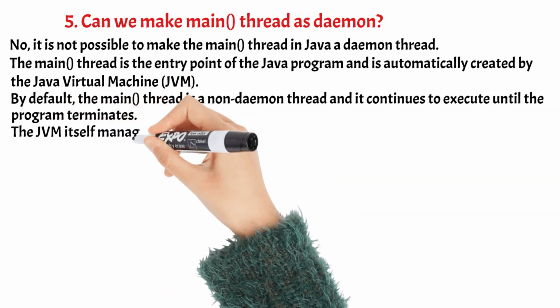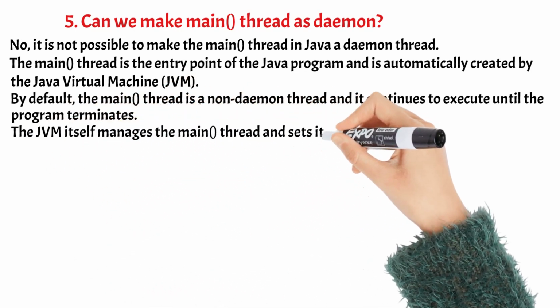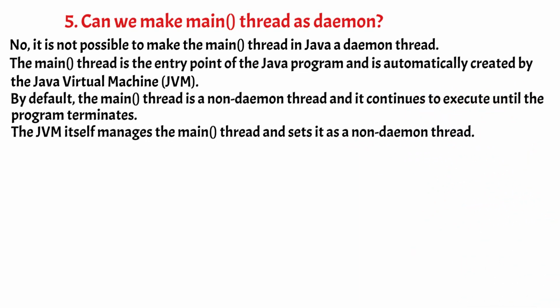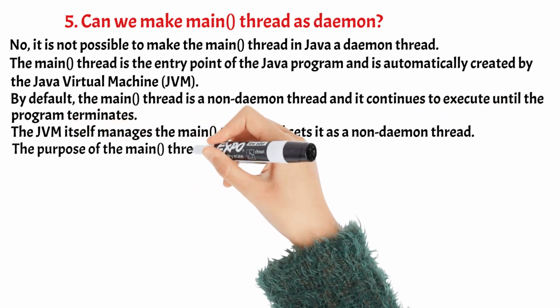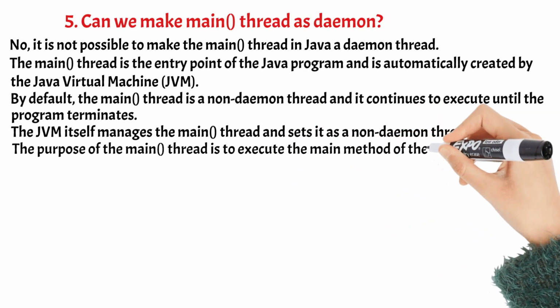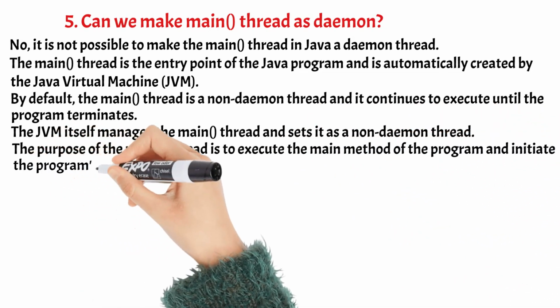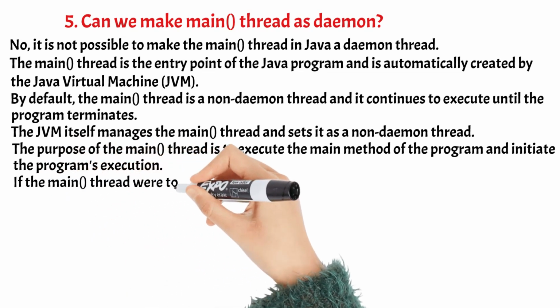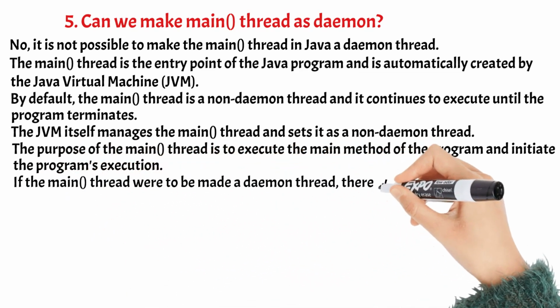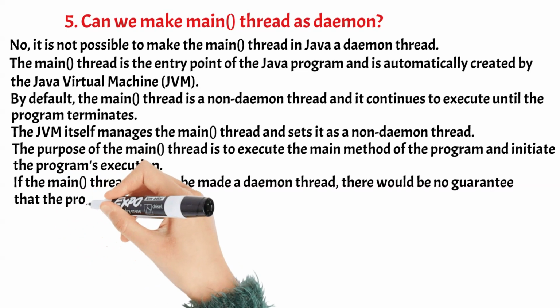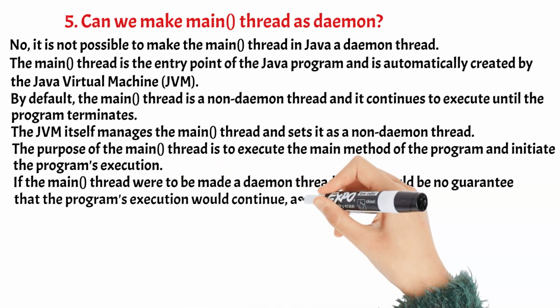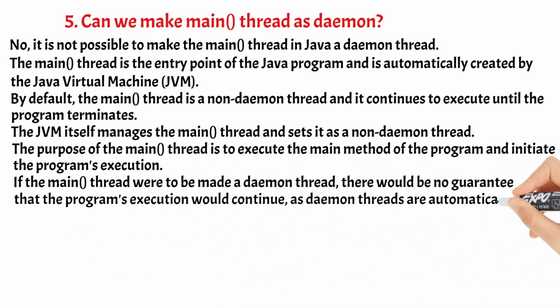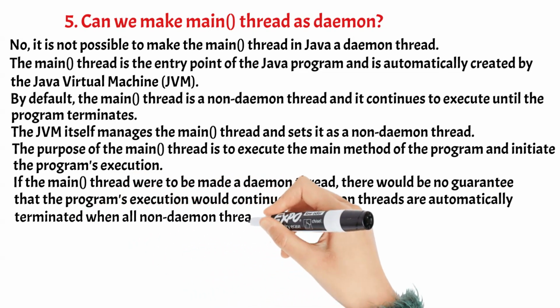The JVM itself manages the main thread and sets it as a non-daemon thread. The purpose of the main thread is to execute the main method of the program and initiate the program's execution. If the main thread were to be made a daemon thread, there would be no guarantee that the program's execution would continue, as daemon threads are automatically terminated when all non-daemon threads have finished.